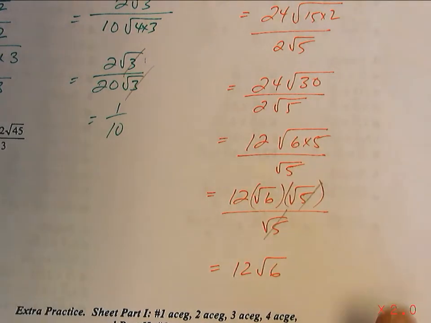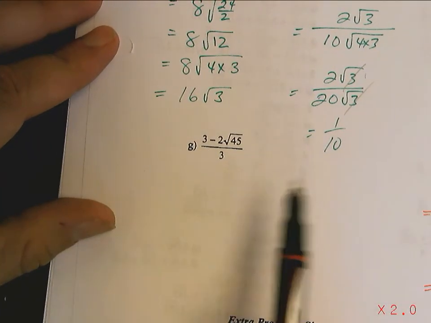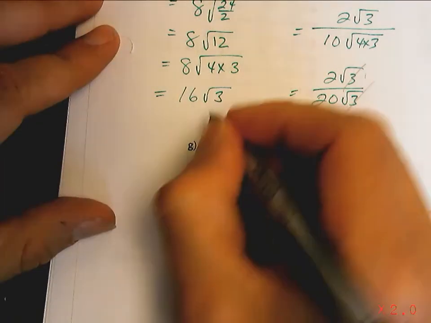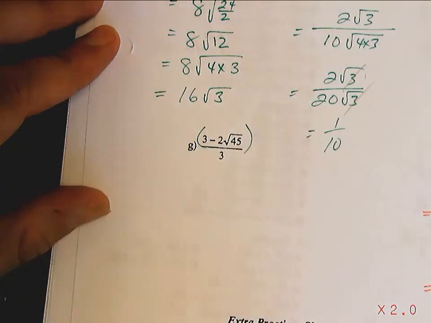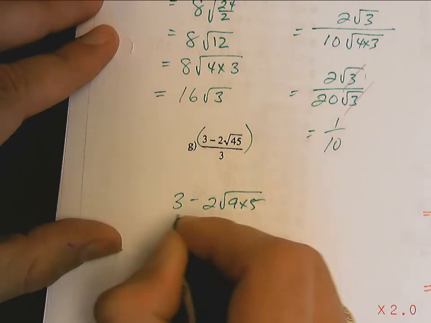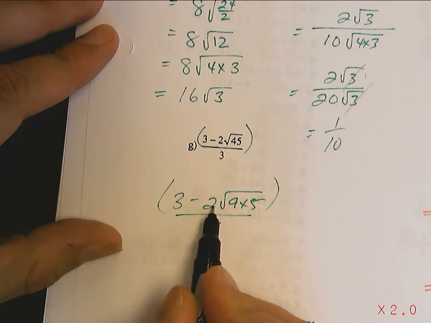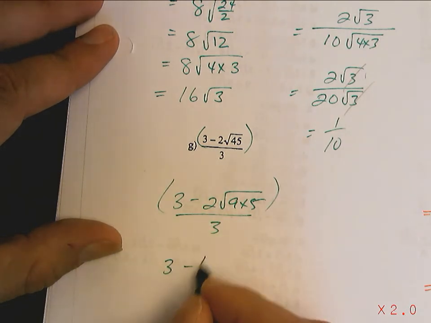Other ways to do this question? Definitely. Over here, it's a beautiful thing. Don't forget your brackets. We need those. So this is going to be 3 minus 2 root 9 times 5 over 3. This 9 is going to come out as a 3. It's going to multiply by the 2 to give you 6.